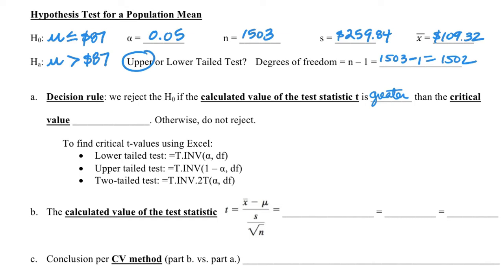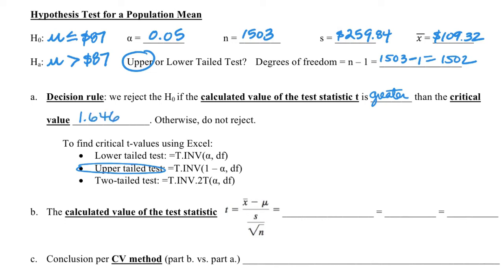Now to find the critical value, I'm going to go to Excel and use the upper tail test here and type in t.inv parentheses 1 minus my alpha of 0.05 and my degrees of freedom of 1502. And that will give me a critical value of 1.646.